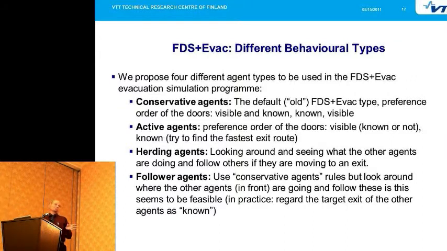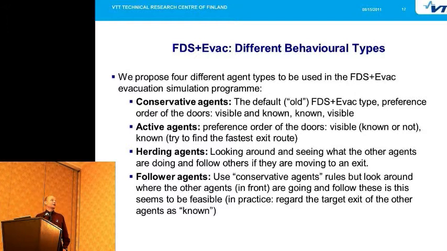And if there are similar doors, but there are people queuing in one door and one door is empty, they choose the empty door because it's fastest. But then now you can have also active agents which more or less, they don't care if the door is known or visible, so they more or less know every door. So they use the fastest way always.